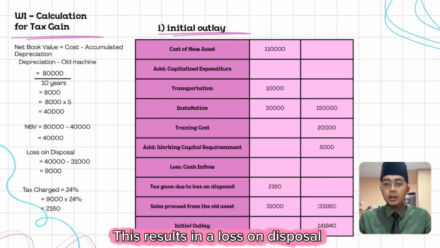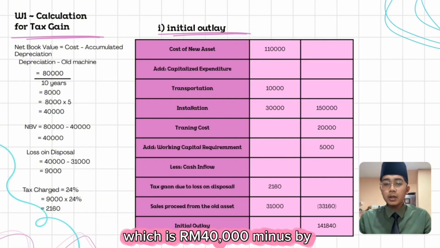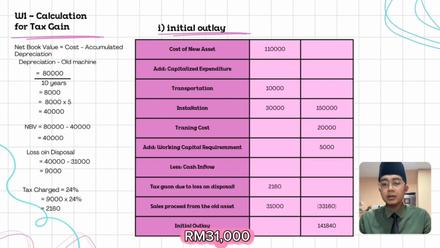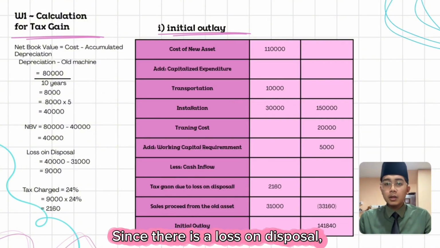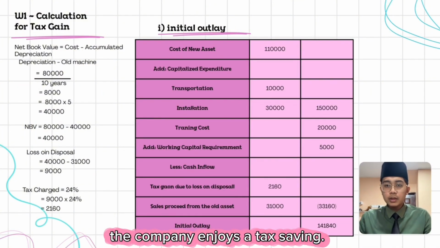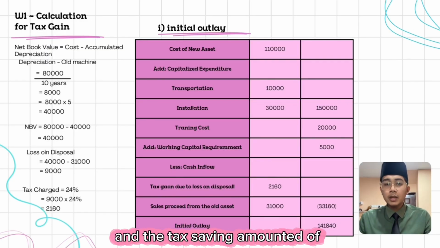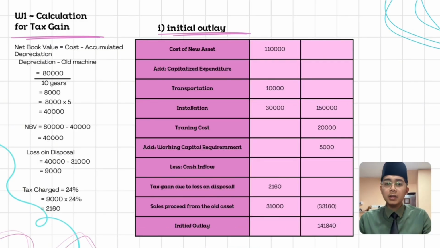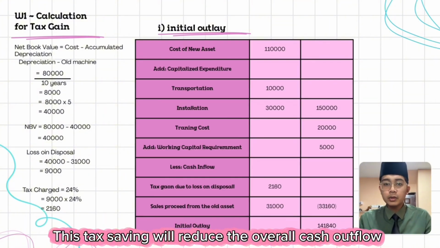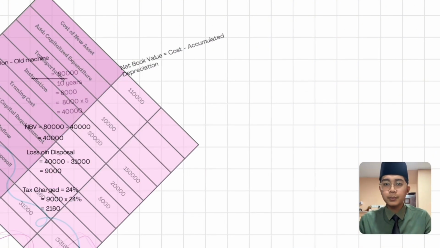This results in a loss on disposal, which is Rm40,000 minus 31,000, giving a loss of Rm9,000. Since there is a loss on disposal, the company enjoys a tax saving. With a tax rate of 24%, the tax saving amounted to Rm2,160. This tax saving will reduce the overall cash outflow.